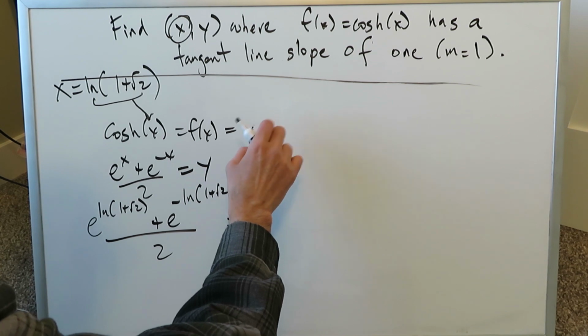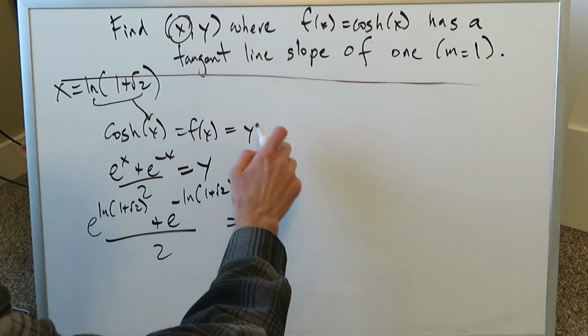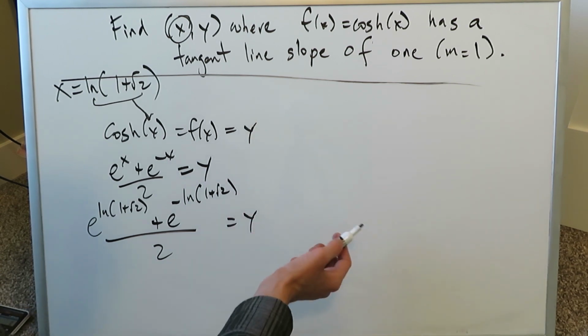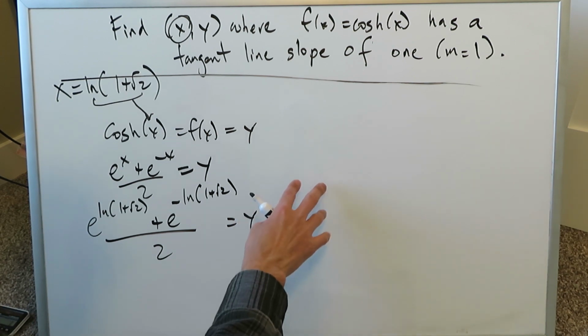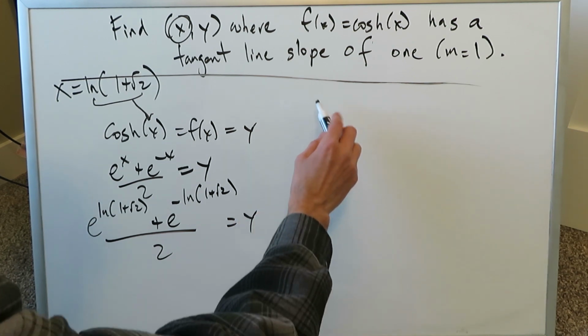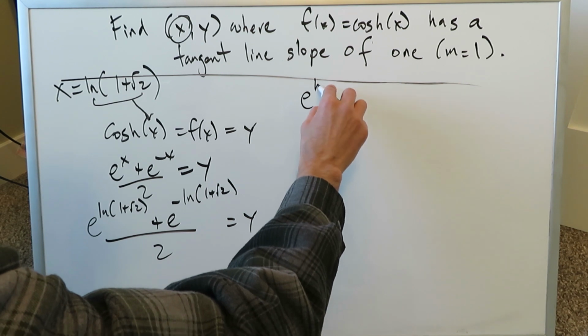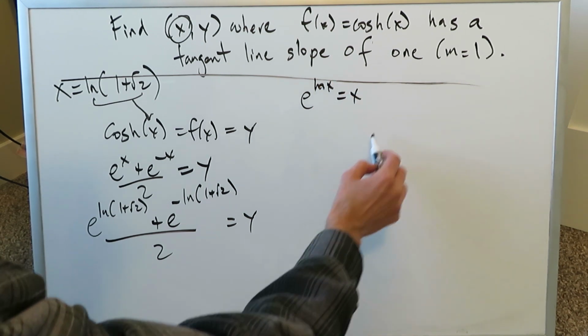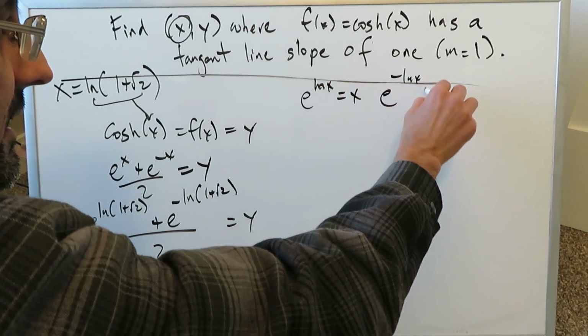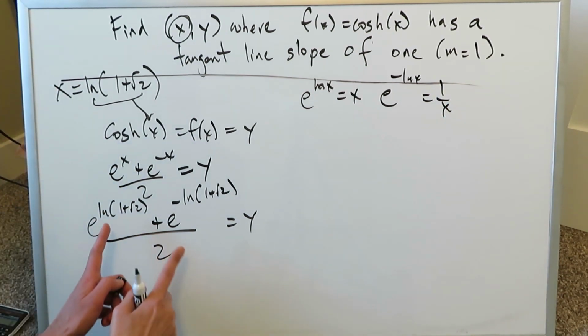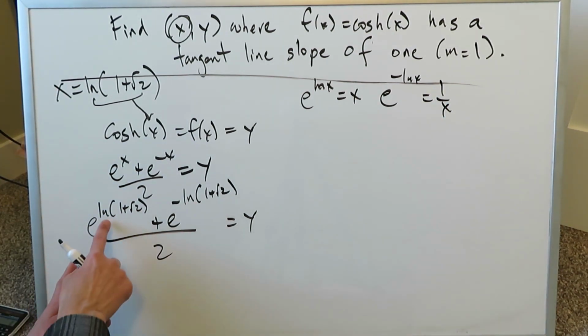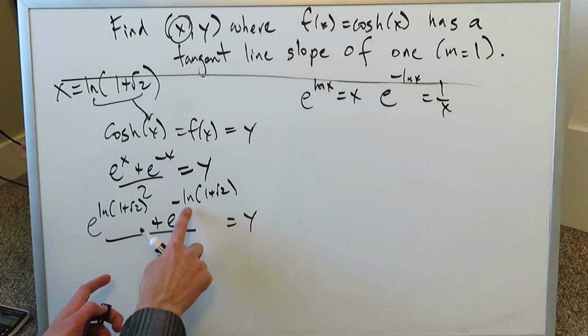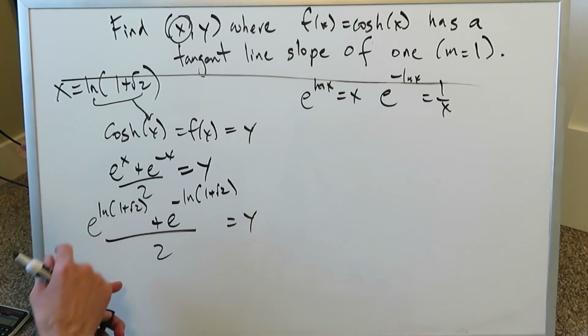I will refer you to my video I presented not too long ago verifying natural log identities, and I'll post a link and tag to that video. There's a specific identity: e to the power of natural log x is always equal to x. e to the power of minus natural log x is always equal to 1 over x. That's exactly what you have over here. Here's my natural log, here's my x component, here's my minus natural log and my x component.